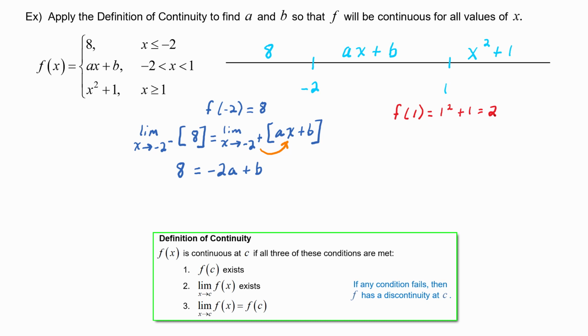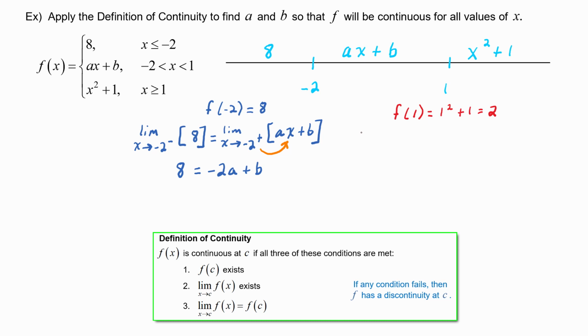Now for the function to be continuous, we need the two-sided limit going to 1 also to exist and to be equal to 2. Since we can't evaluate the two-sided limit directly because we have a piecewise defined function, we have to look at the one-sided limits and make them equal to each other.